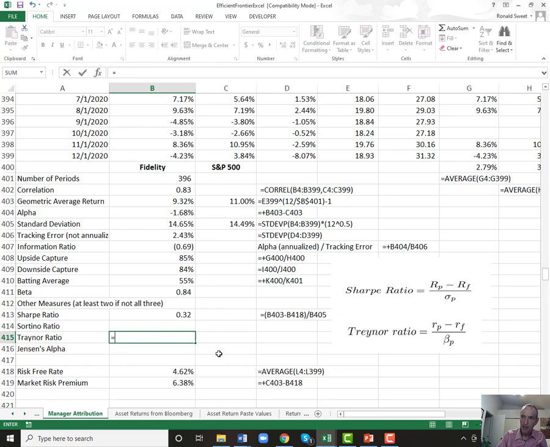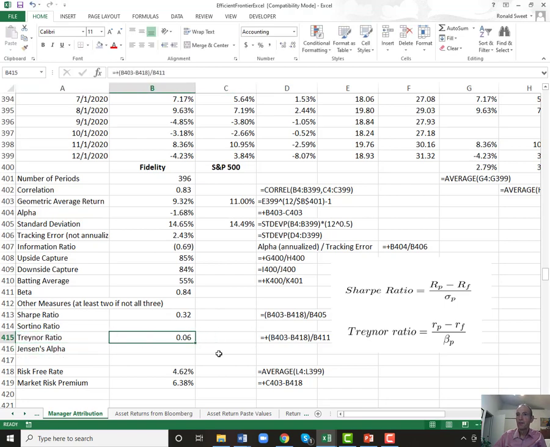So you're just going to take the return of your portfolio minus the risk-free rate, but now divided by the beta of your portfolio. So there's our beta.